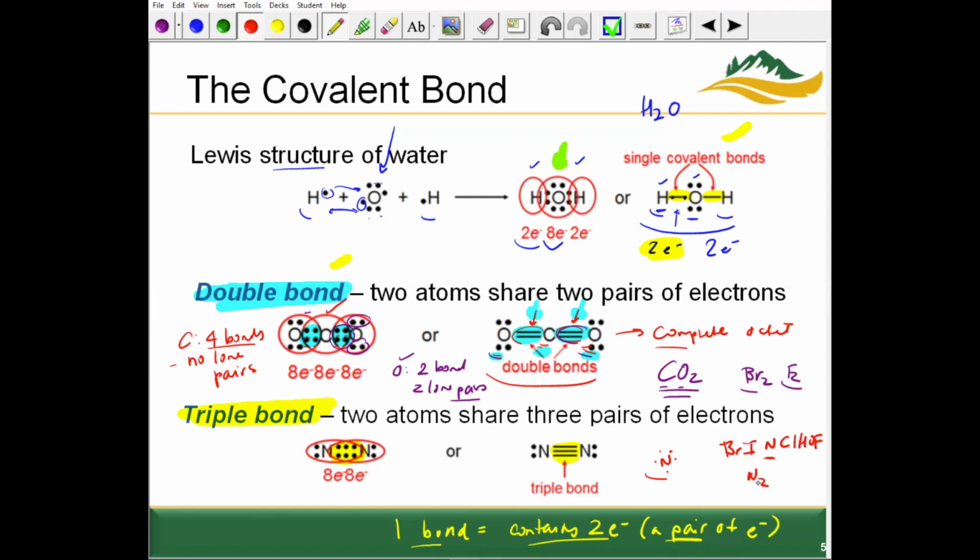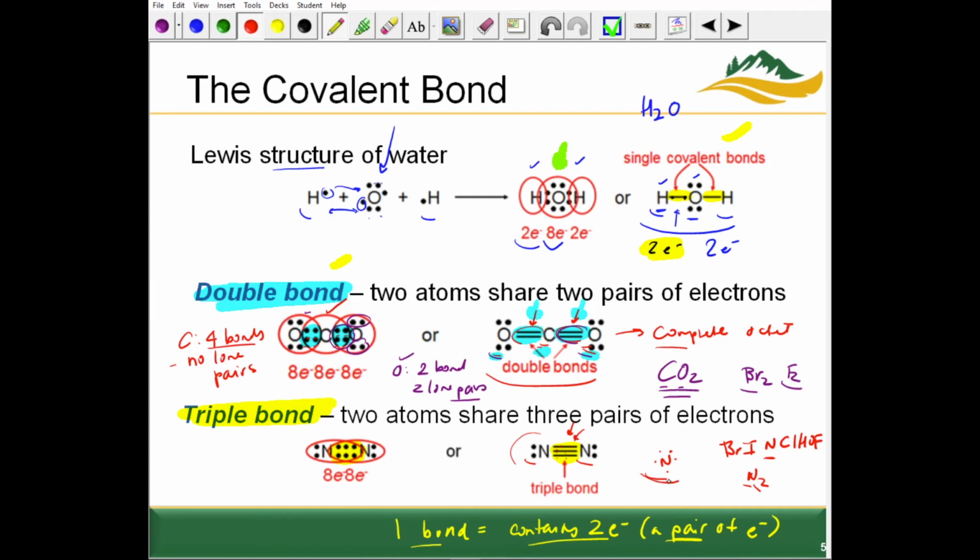For N2 to be the most stable, for this nitrogen to have a happy complete octet, as well as the other nitrogen here, we need to have a triple bond between those 2 atoms. How does that work that they have a happy complete octet then? Well, this is 2, then 3, 4, 5, 6, 7, 8. So this is 8 valence electrons around nitrogen after it's sharing a triple bond with this other nitrogen.